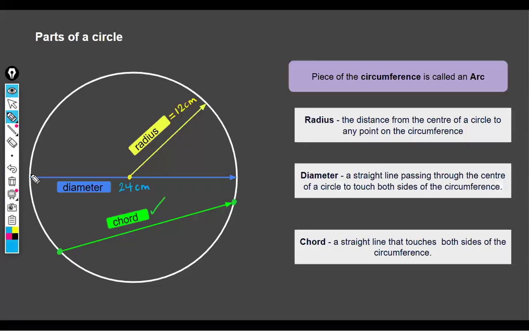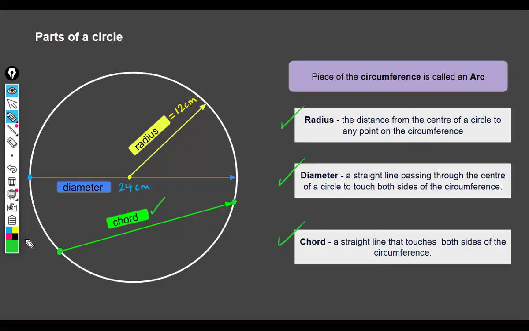You see how the diameter starts on this side, goes through the center, and then makes it to the other side? That's a diameter. A chord will always be shorter. It starts on one side and goes to the other side, but it doesn't go through the center. So over here we have radius, diameter, and chord definitions for the CSEC exam.